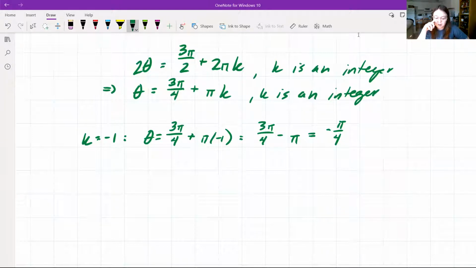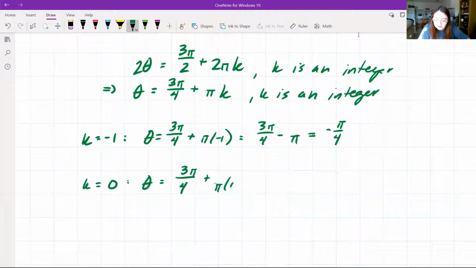On to k equal to 0: theta is equal to 3 pi over 4 plus pi times 0, which is just 3 pi over 4. We know that 3 pi over 4 is in our unit circle, so this is one of our solutions.